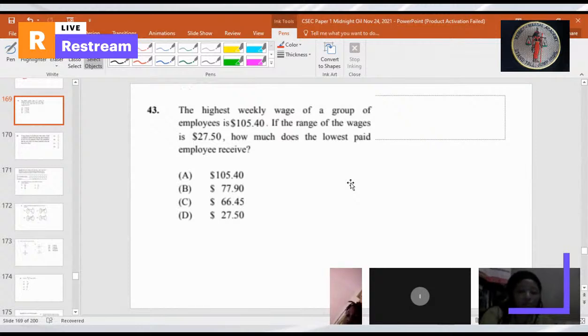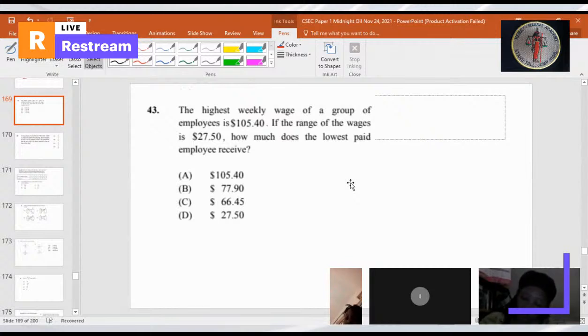The range is the highest amount of money minus the lowest amount of money. Since it says the range is $27.50, they are telling us the range and they want the lowest paid employee.